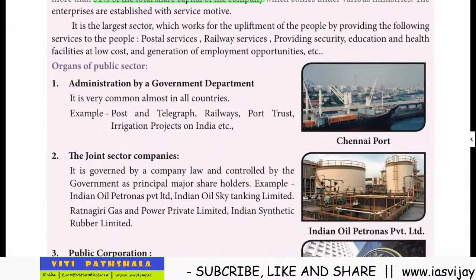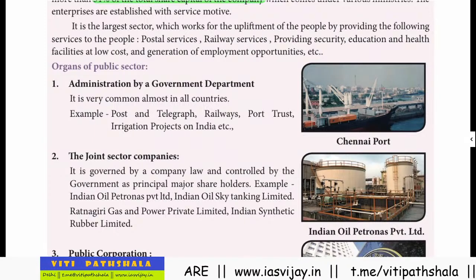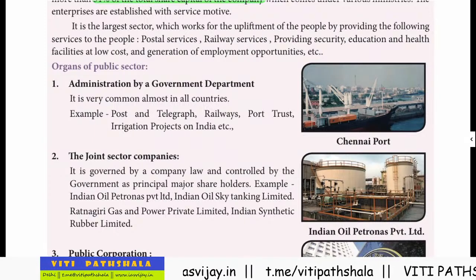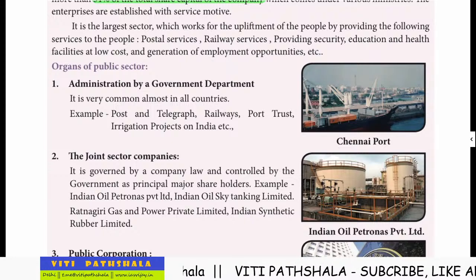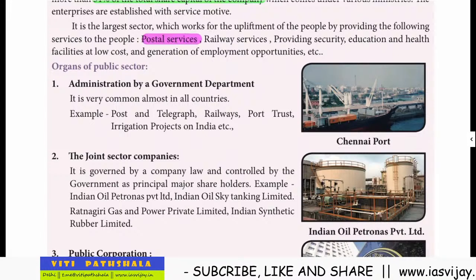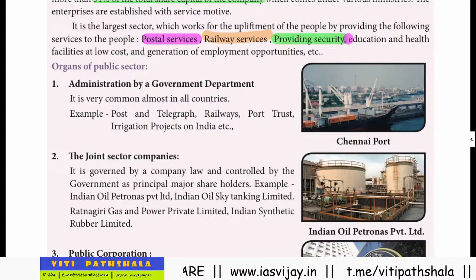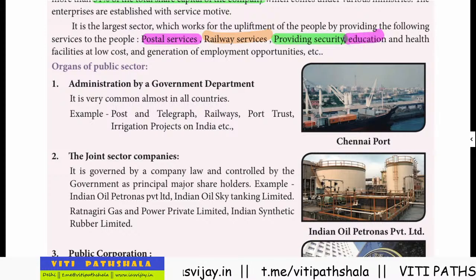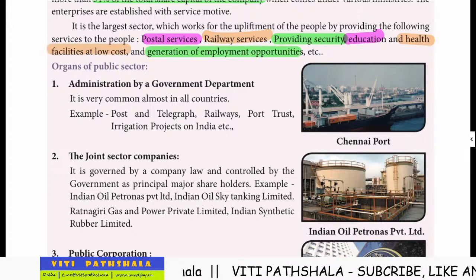The enterprises are established with a service motive. Now, it is the largest sector, which works for the upliftment of the people by providing the following services. Now, which are these services? The services include the postal service, the railway service, providing security, education, health facilities at low cost, and generation of employment opportunities.